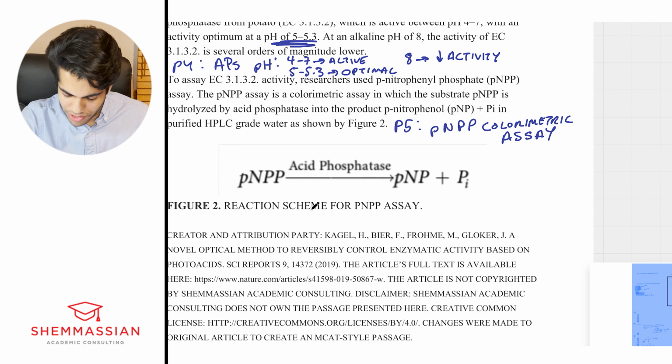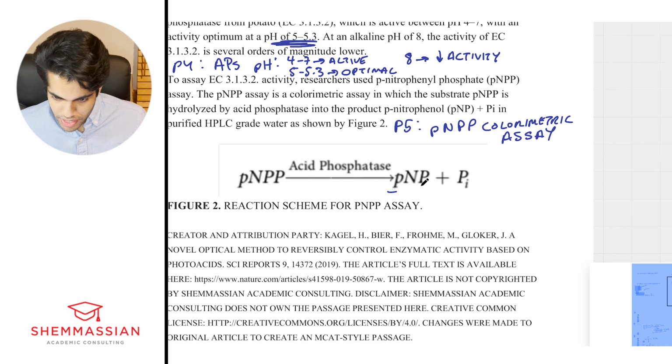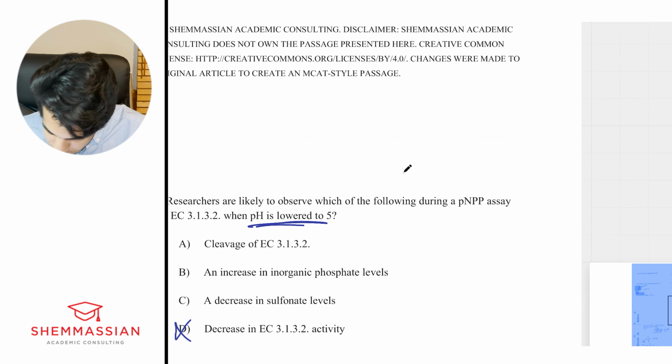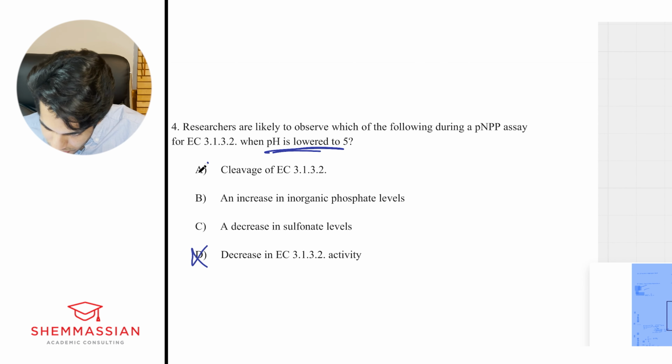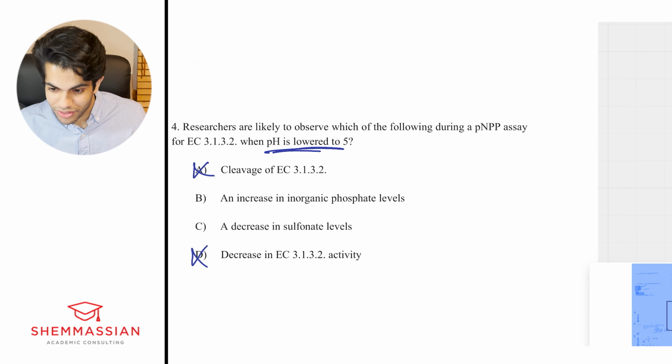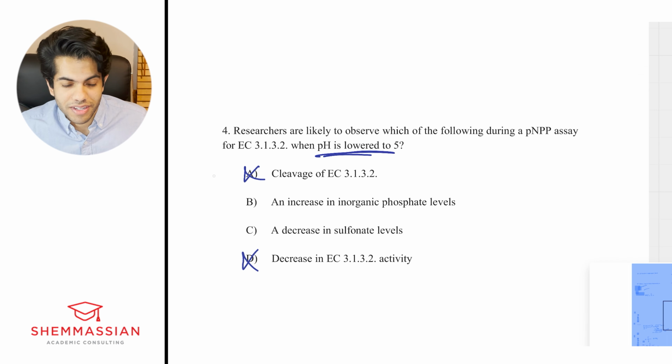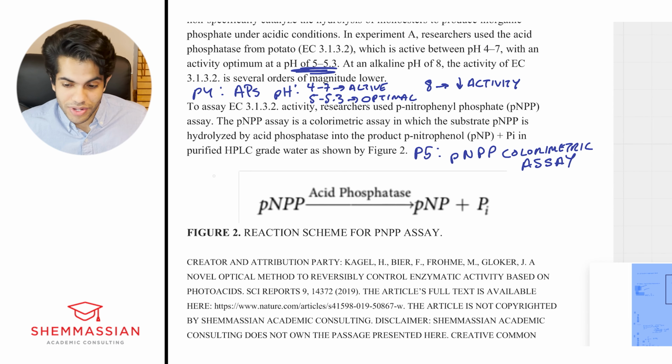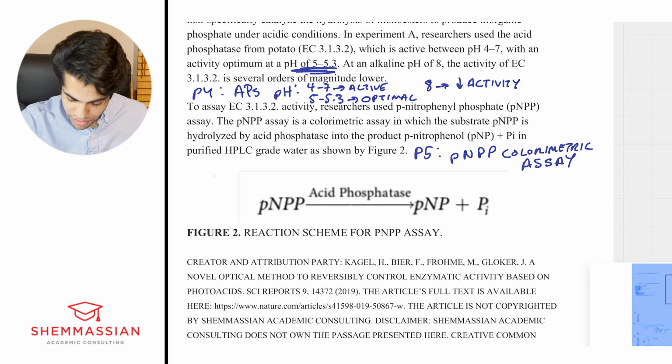So not really seeing any reason to believe that our enzyme is going to get cleaved. So I would eliminate A. And if we look at C, which says a decrease in sulfonate levels, there wasn't really anything about sulfonate being involved here at all with our EC 3.1.3.2 activity. So I don't really see the relevance here. So I would eliminate C.